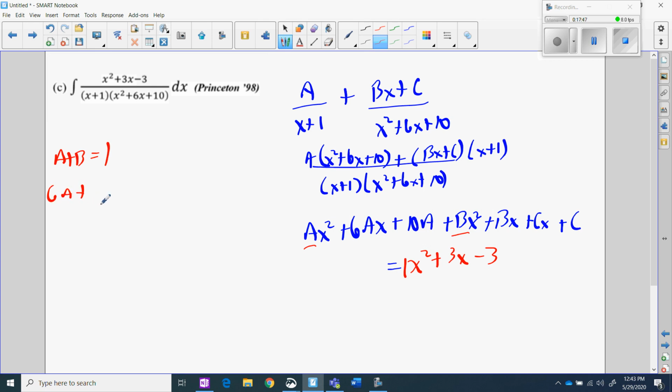Those are the coefficients in front of the x's. And now your numeric terms, the ones that don't have any variable attached to them, would be your 10a plus c. Those two, when combined, would have to give you a minus 3.